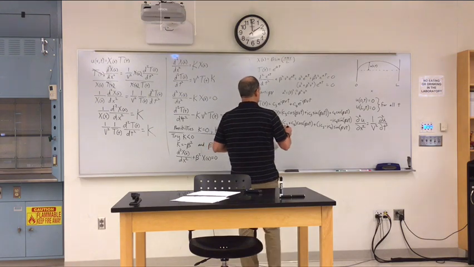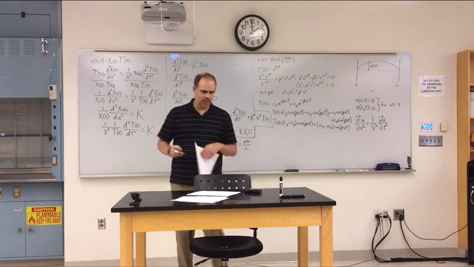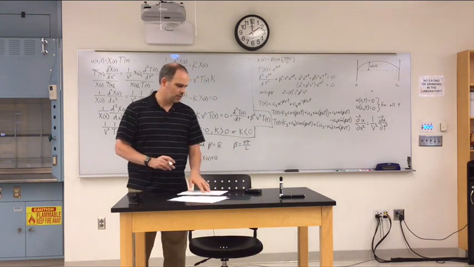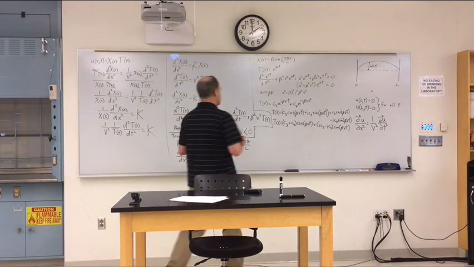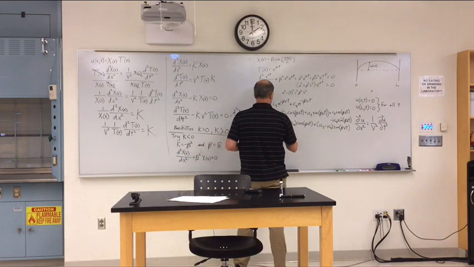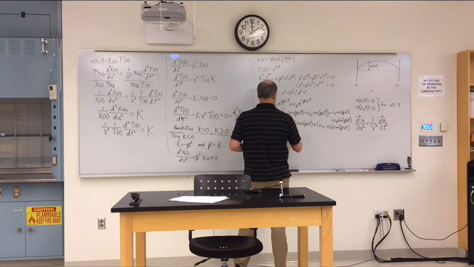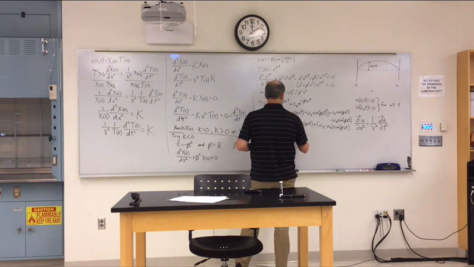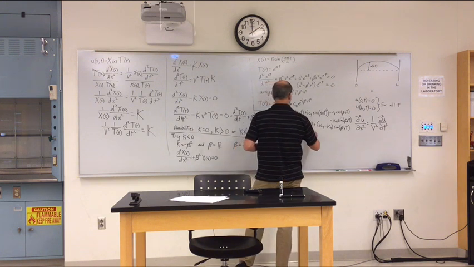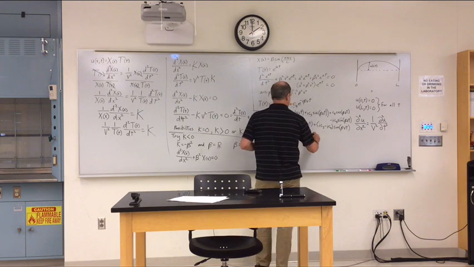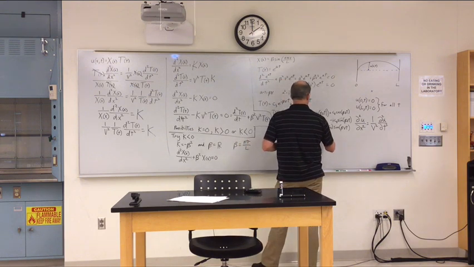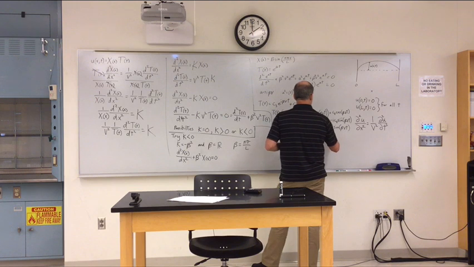And then we just say, what are we using? D and E. So we're going to let D equal C3 plus C4 and E equal i C3 minus i C4.